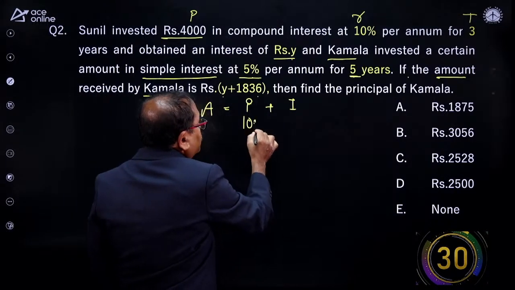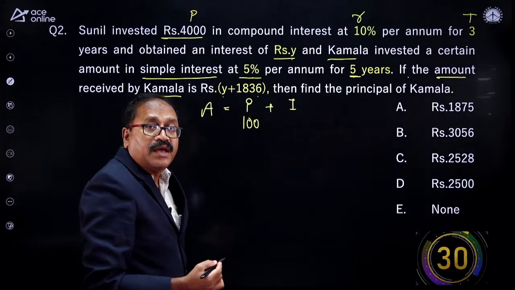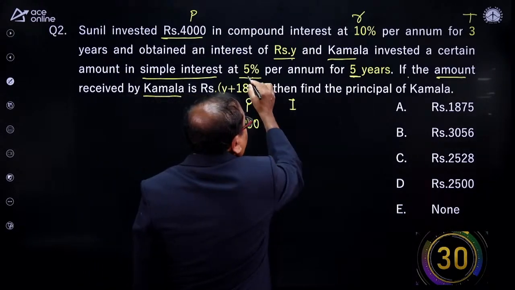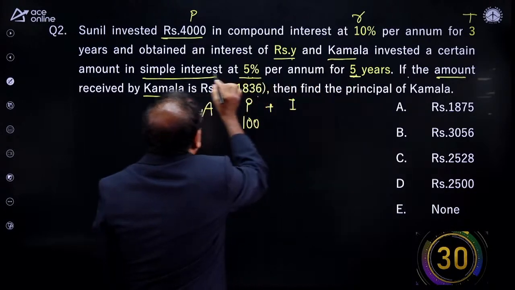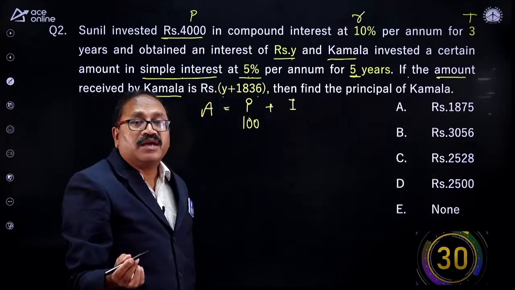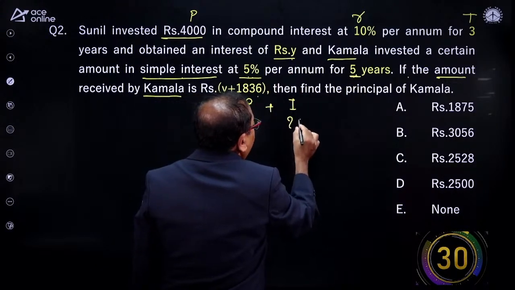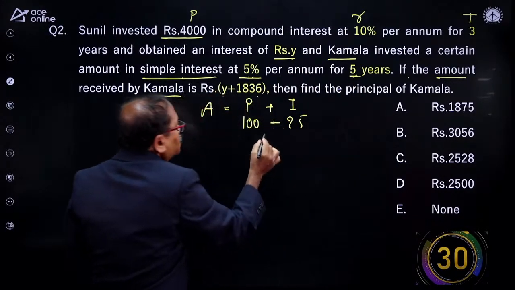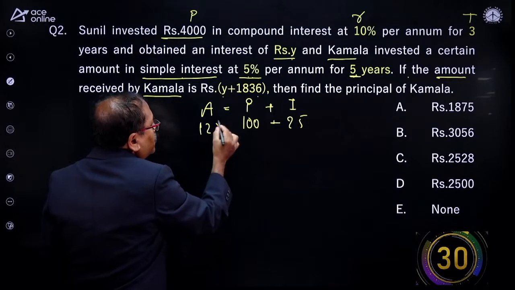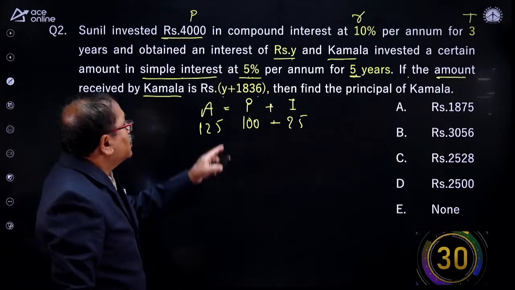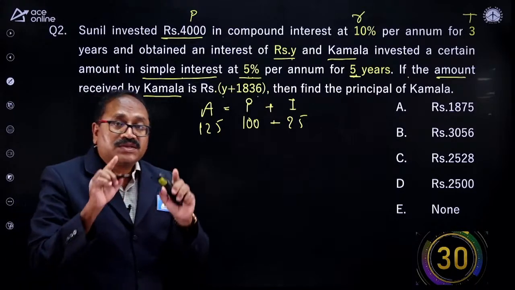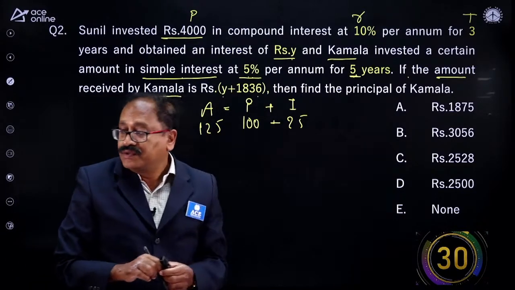In terms of percentage, it is 100. And the interest is 5% per annum for 5 years. As it is simple interest, I can directly multiply: 5 into 5, which is 25. So 100 plus 25 is 125%. So the amount given to you is 125%.